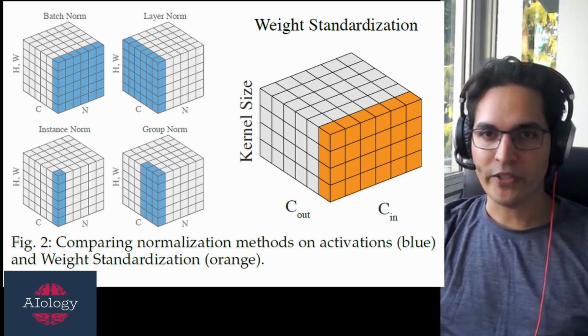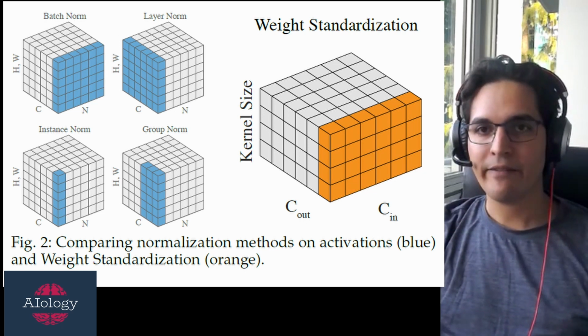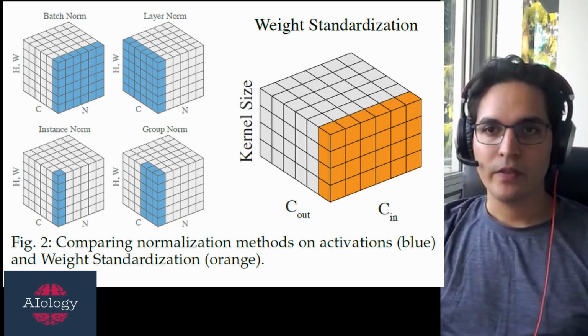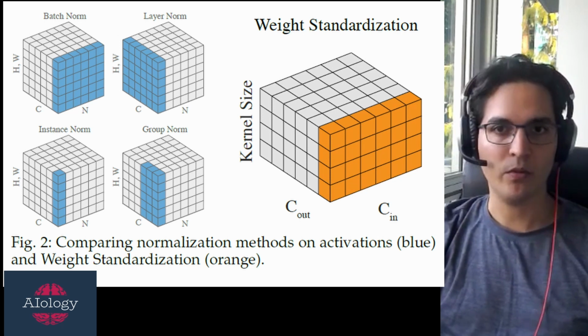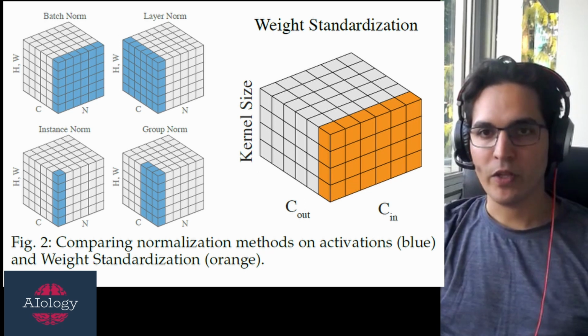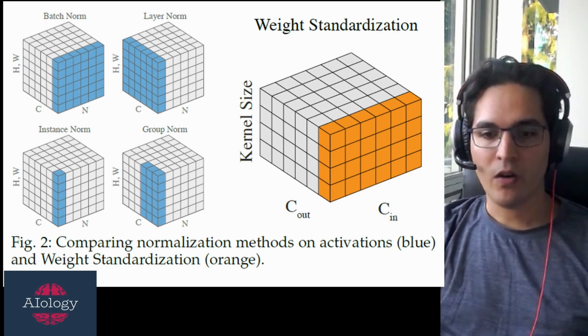Say we have C number of channels and N number of samples, and each input has dimensions of height and width, for example, these are images. If we want to do batch normalization, it means that for each channel, we apply normalization on all samples.